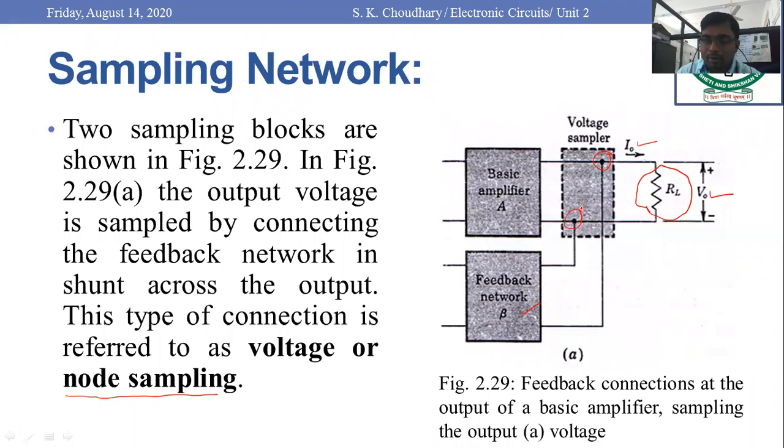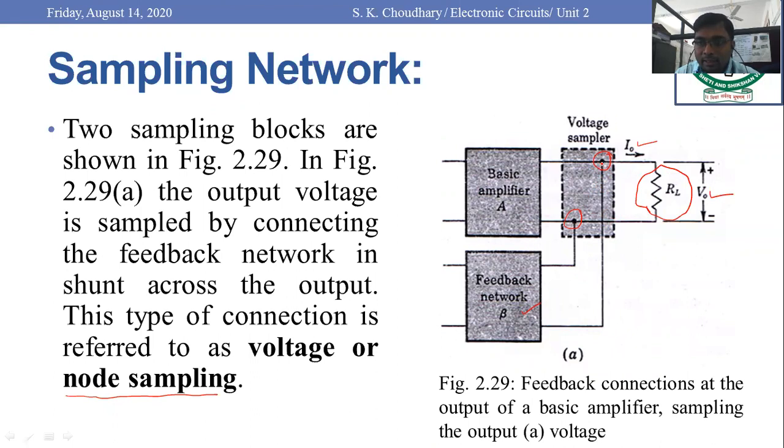In this way, you can see that the feedback network is in parallel with the output load resistor or output network. So in these node connections, when we connect the feedback network like this, the output is taken as a voltage signal, because in parallel we always measure the voltage, in series we measure the current.